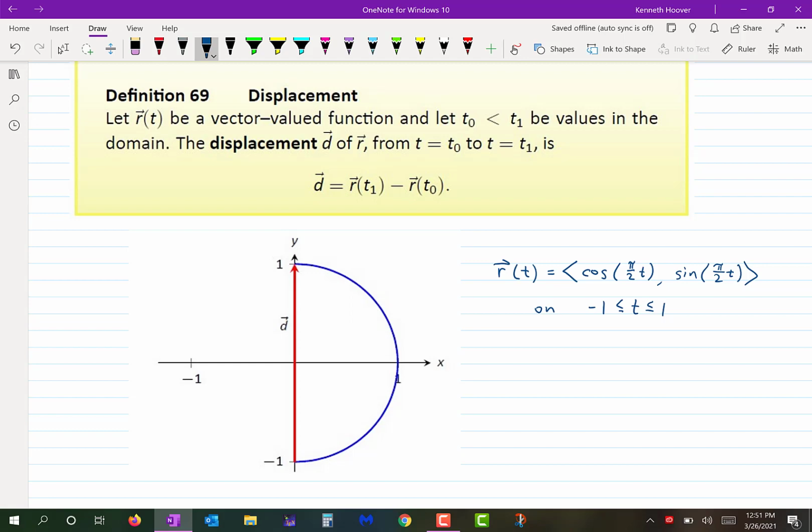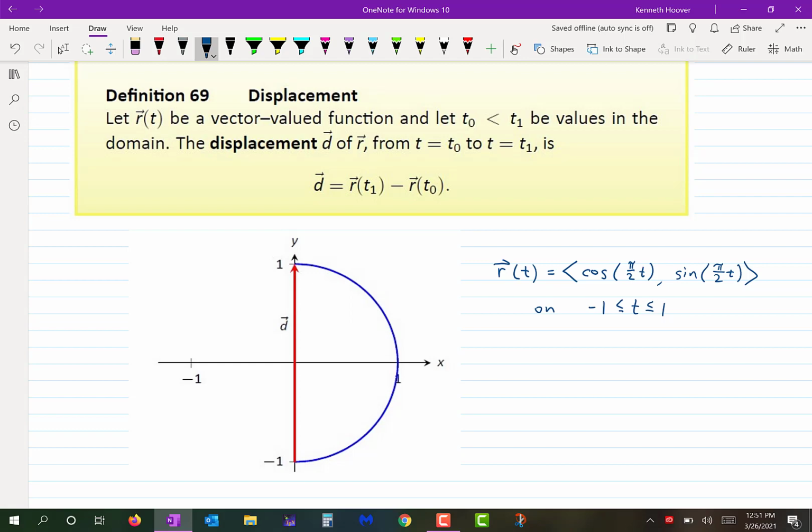So you're going to get a portion of a circle from the first point of the graph. Well, let me say this. The first vector is going to be cosine of -pi/2, sine of -pi/2.